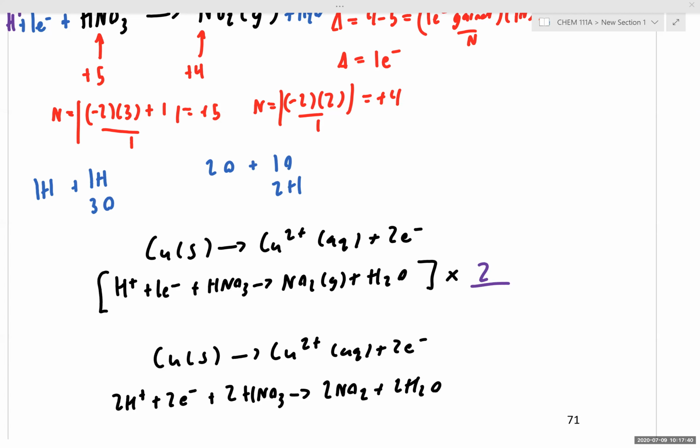It will cancel out from each side. In terms of balancing half reactions, you really want to look at half reactions from the perspective of net ionic equations whenever possible. Otherwise, you end up in a situation where the nitrate is both participating as an oxidizing agent and also a spectator ion in some of the half reactions.